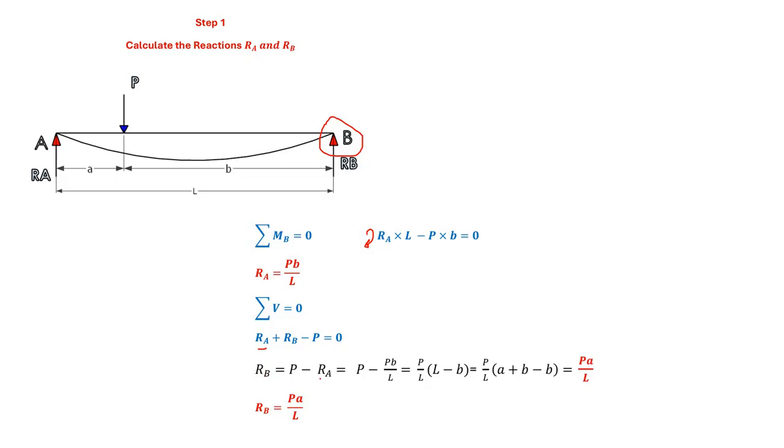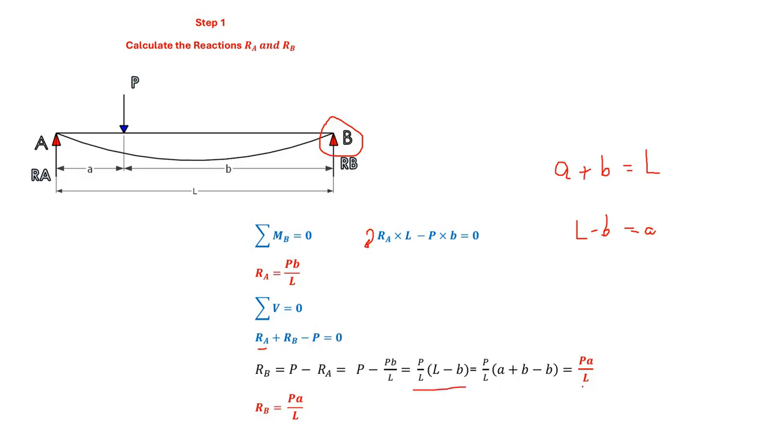RB is equal to P minus RA, that is equal to P minus PB by L. Then you simplify it by taking P by L as common, multiplied by L minus B. We already know that A plus B sums up to be the total distance L. So from this you get L minus B equals A. That is substituted in this expression.